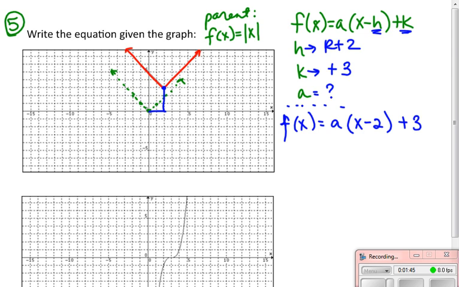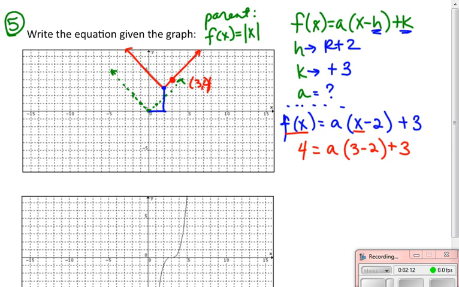Finding out a needs another step, so I have to do a substitution. So I'm going to pick a point that's not the vertex, so I'm going to pick this point right here, which is at 3, 4. And I'm going to put that in for my x and my y. And so I have 4 is equal to a times the absolute value of 3 minus 2, plus 3.